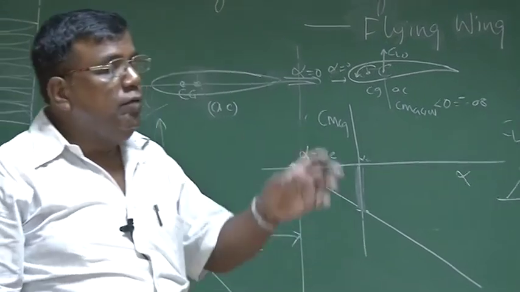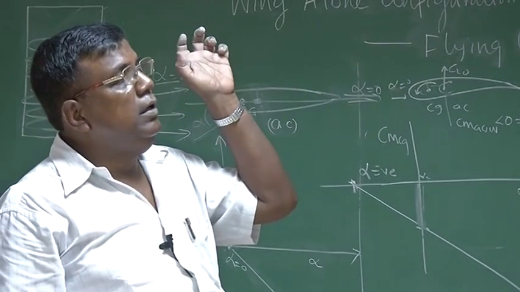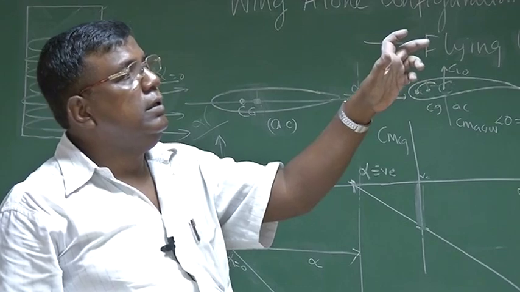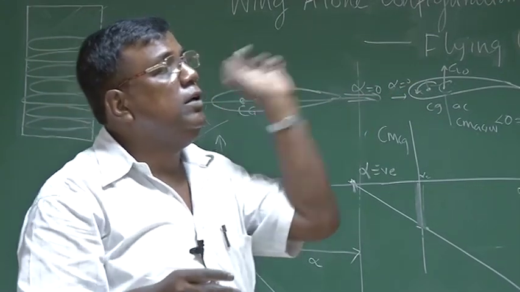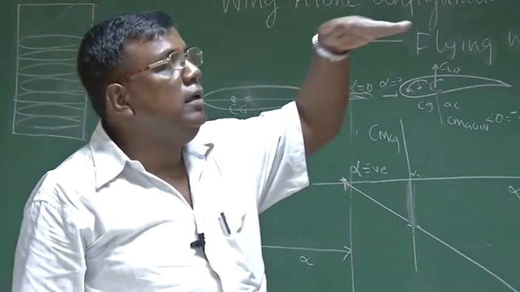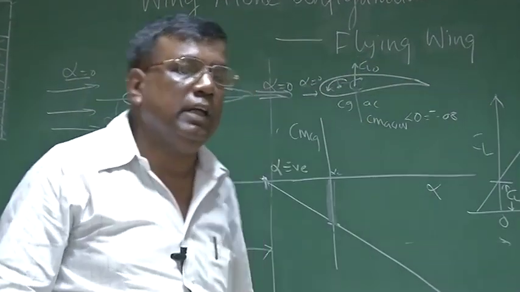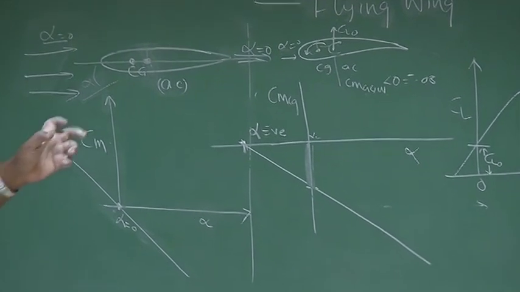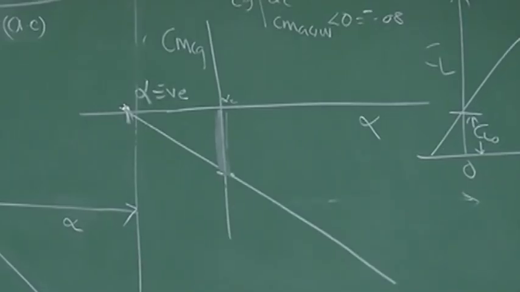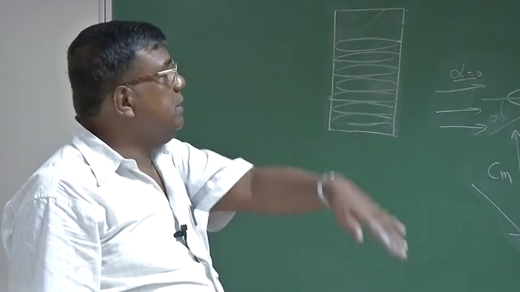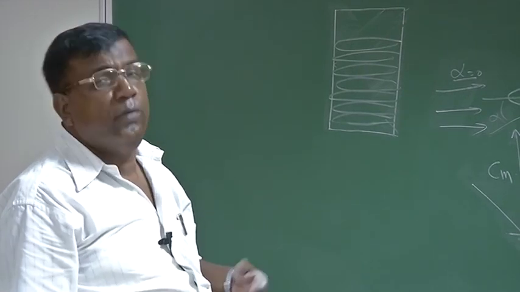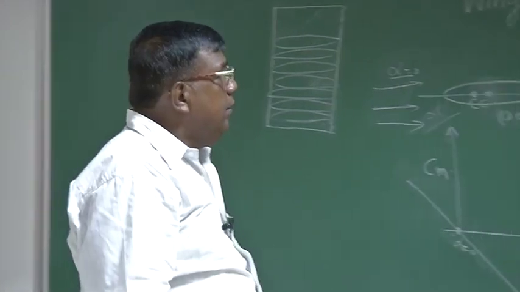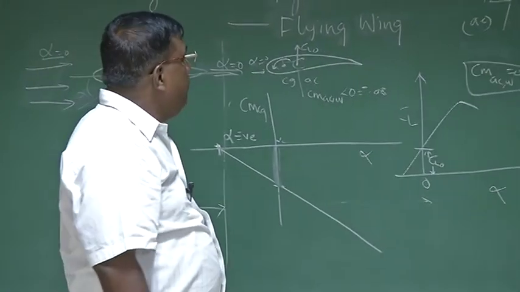It means if I throw a symmetric aerofoil wing, that is a wing alone having symmetric aerofoil, with an angle of attack, it will naturally come to a negative angle and fly like a projectile. If I throw a cambered one, again the same thing will happen, it will come to a negative angle and fly like this. But my mission is not fulfilled. I want the lift to balance weight for a flying wing configuration. So what is the option?